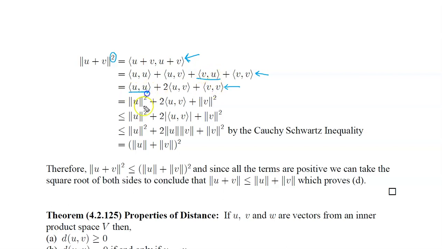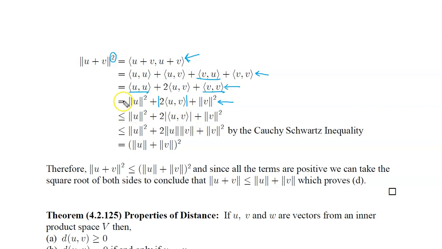Now this term is the norm of u squared. This term is the norm of v squared. And then what we can say is that this quantity right here is going to be less than or equal to, now what we're going to do is take the absolute value of the middle term, and that's what we have right here.